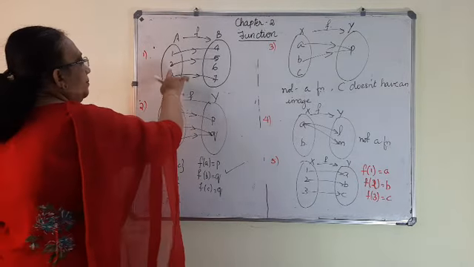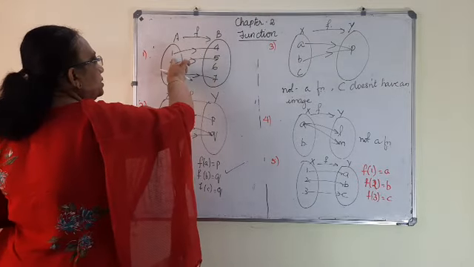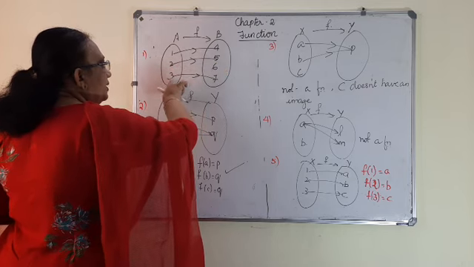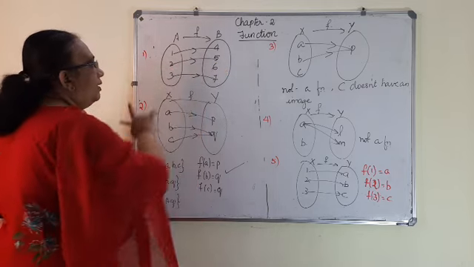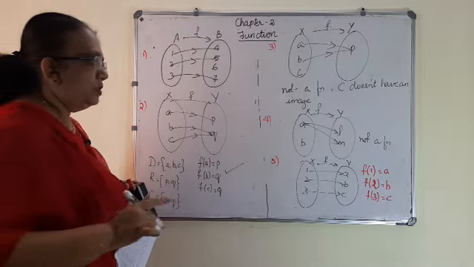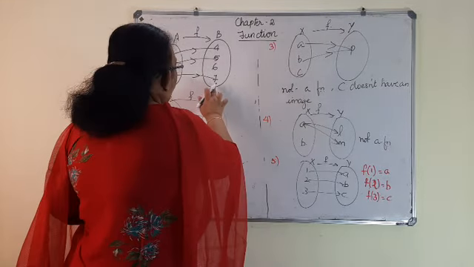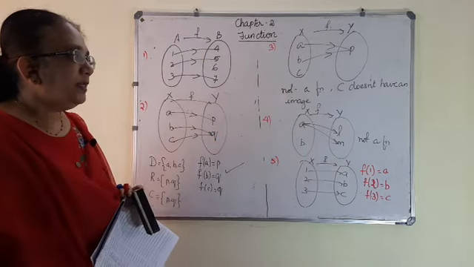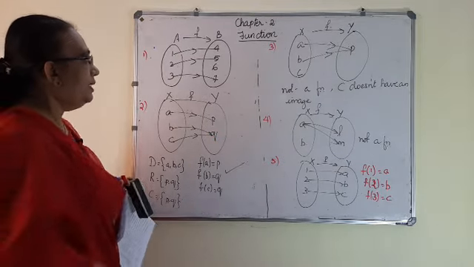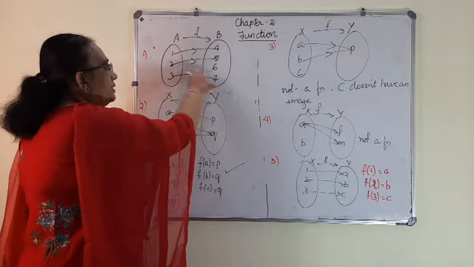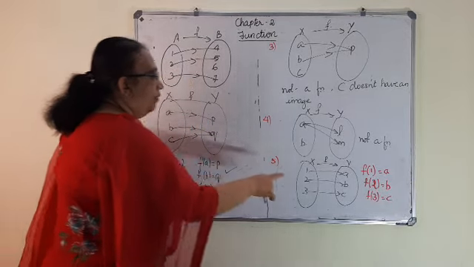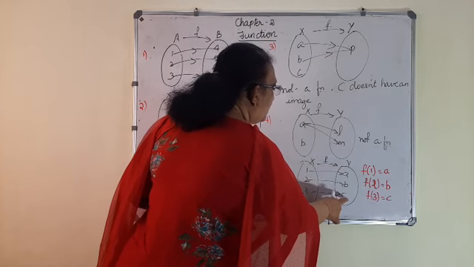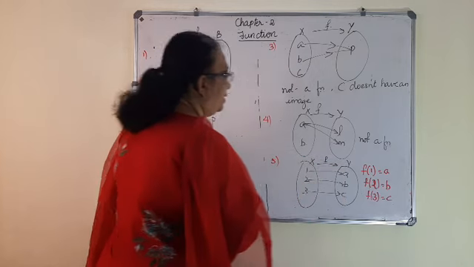In the first example, pre-image of 4 is 1, pre-image of 5 is 2, pre-image of 7 is 3. But 6 doesn't have a pre-image. So there is a difference between the first and the fifth example: in the first, 6 does not have a pre-image, whereas in the fifth, all the elements in the codomain have pre-images.